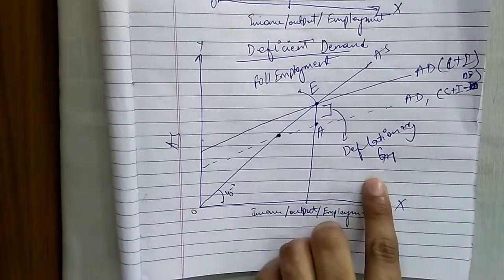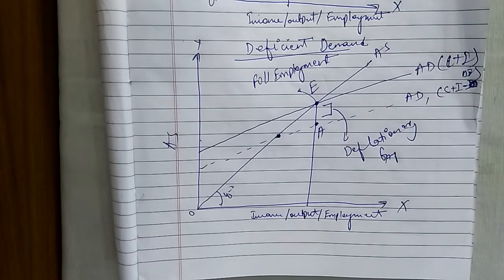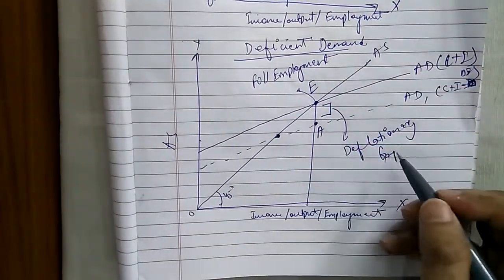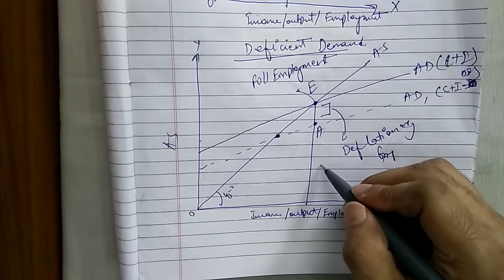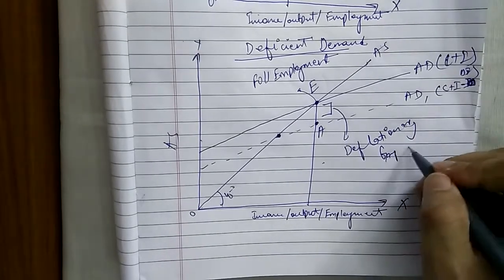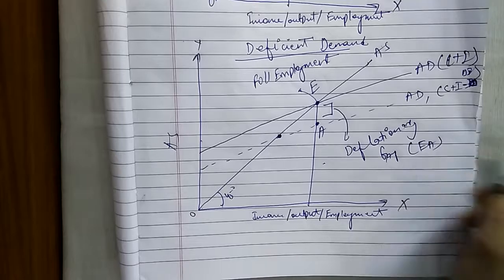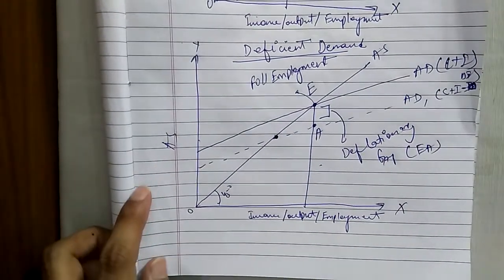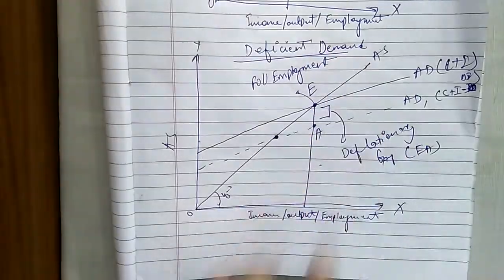This gap is known as the deflationary gap. Is it clear to everyone? This is how we need to show it. So the points E and A show the deflationary gap. This is how we need to draw the diagram of deflationary or deficit demand.